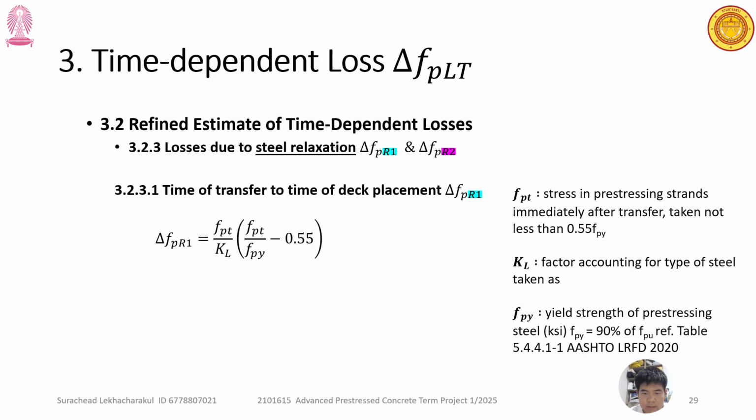FPY is the yield strength of prestressing steel, and delta FPR2 is equal to delta FPR1. It's very easy.